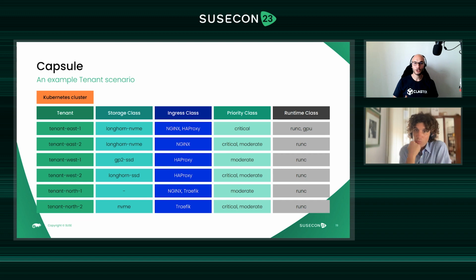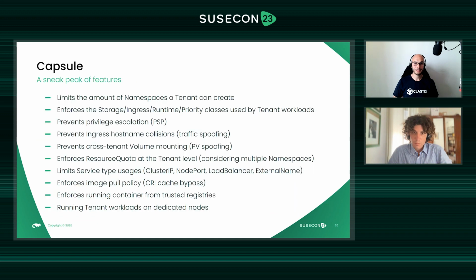But once I got more and more tenants, the burden is really overwhelming. So having an automation where Capsule or any other tool is ensuring these policies is really, really important. Also because we need to be sure that the tenant owners can just run their own assigned ingress or priority classes. So instead of creating policies and policies, what you can do is to have your tenant definition and you're overcoming this complexity.